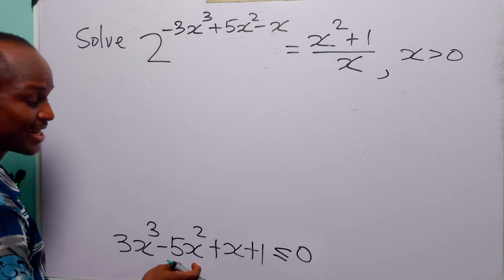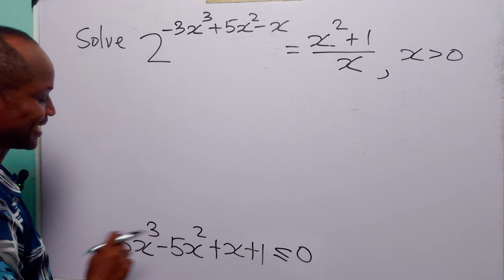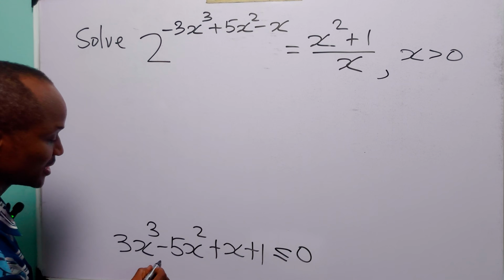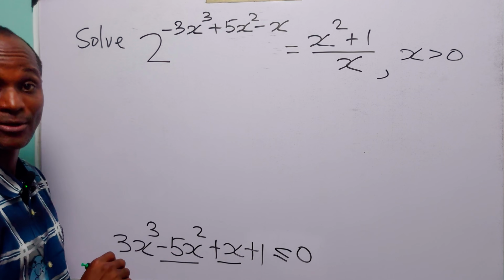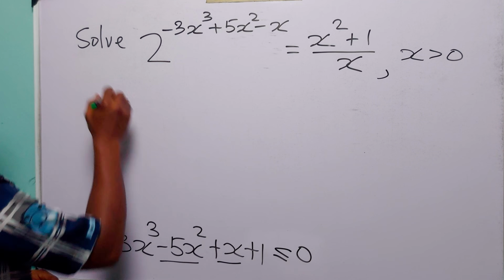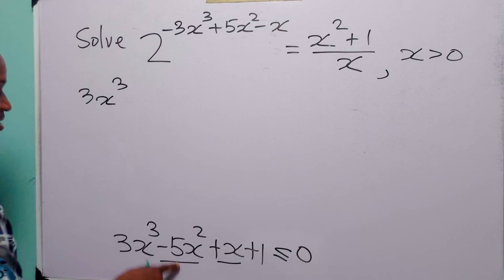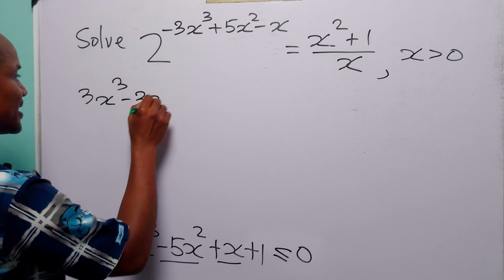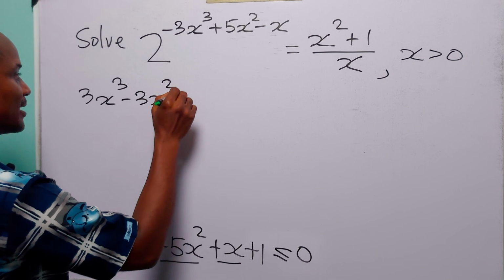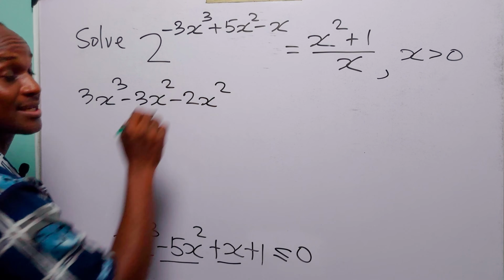Now we can factorize the left hand side of this inequality. All we need to do is to break up these two middle terms. When we do that, we have 3x cubed. Now from this we have minus 3x squared and minus 2x squared.